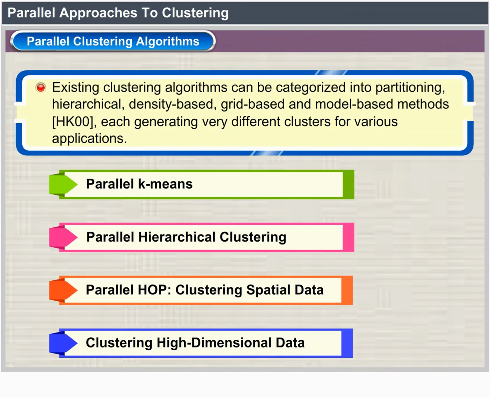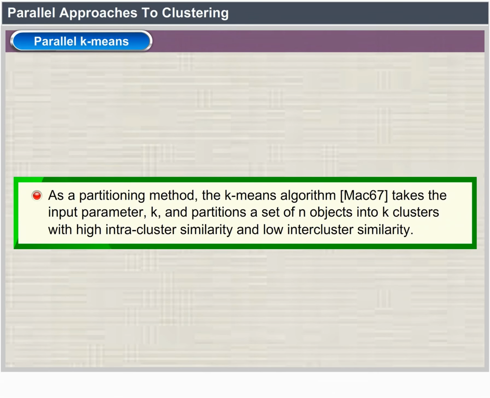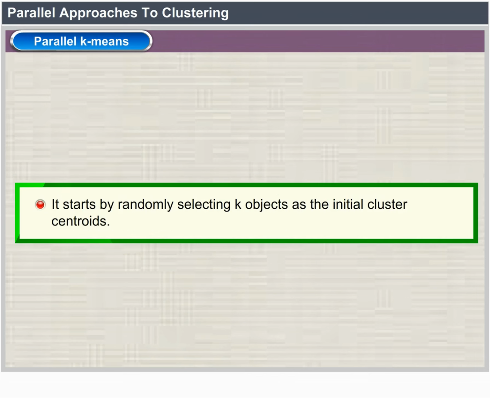Parallel K-means. As a partitioning method, the K-means algorithm, MacQueen 67, takes the input parameter K and partitions a set of n objects into K clusters with high intra-cluster similarity and low inter-cluster similarity. It starts by randomly selecting K objects as the initial cluster centroids.